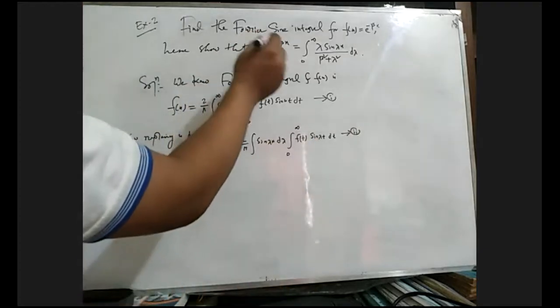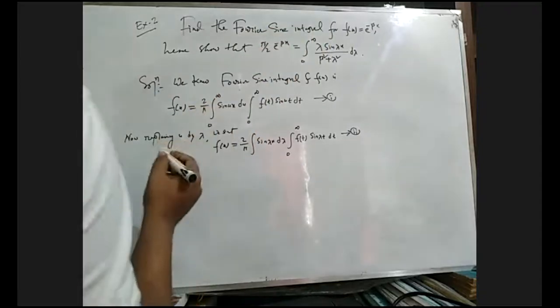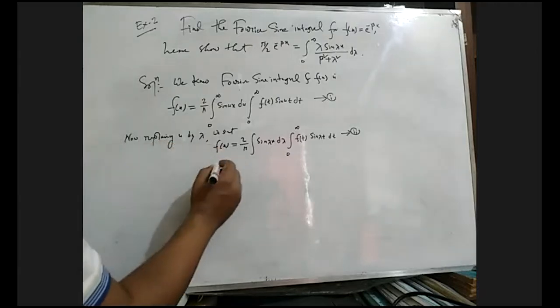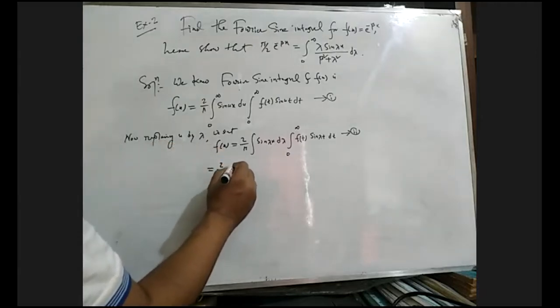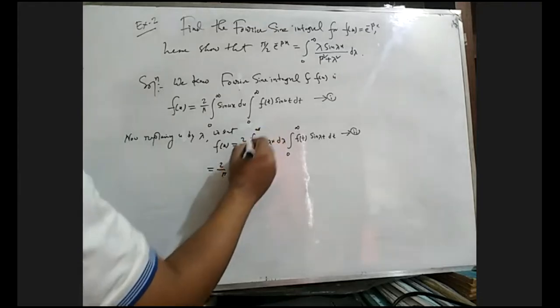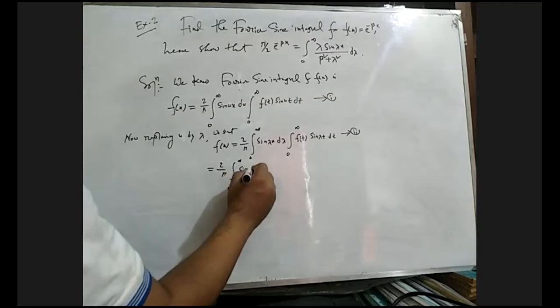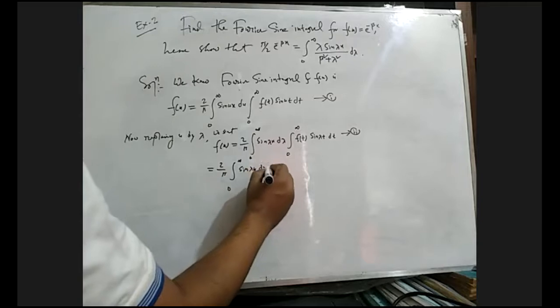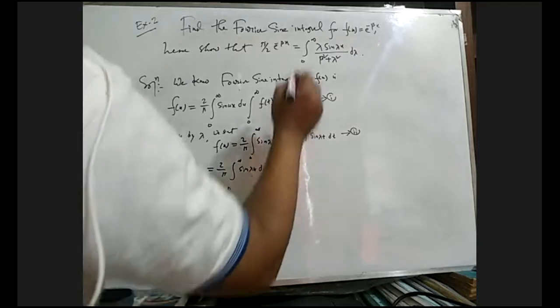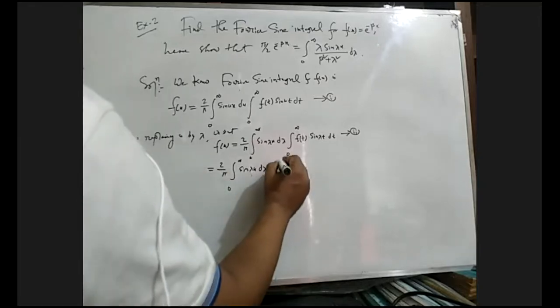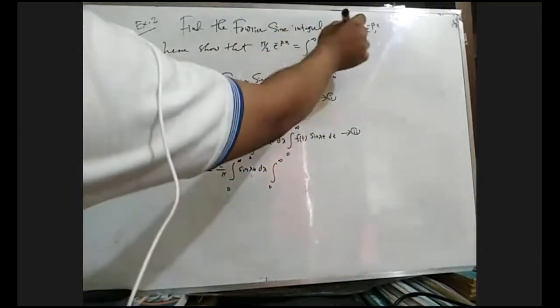Now putting the functional value f of x equals e to the power minus beta x, we can write this equals 2 by pi, integral 0 to infinity sine lambda x d lambda. Now the integral limit will be 0 to infinity, and this f of t means the given function.